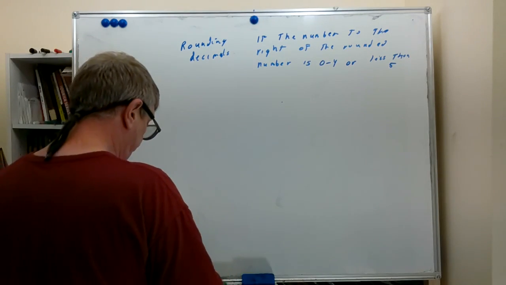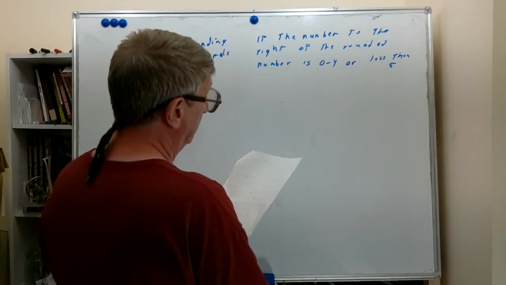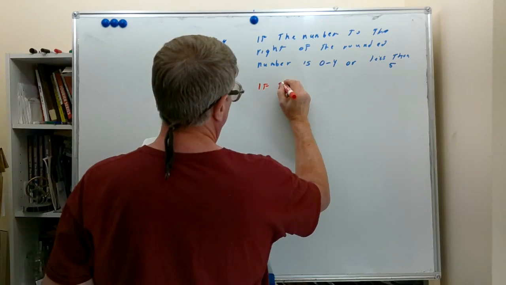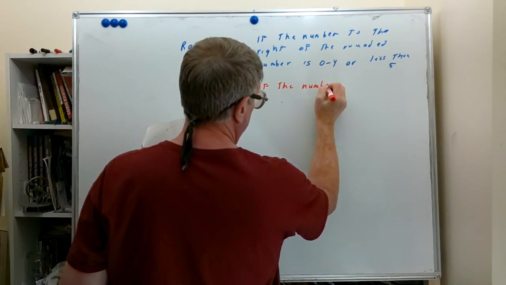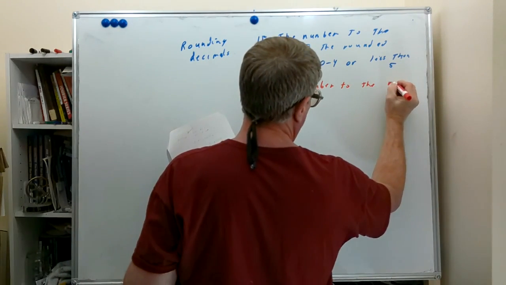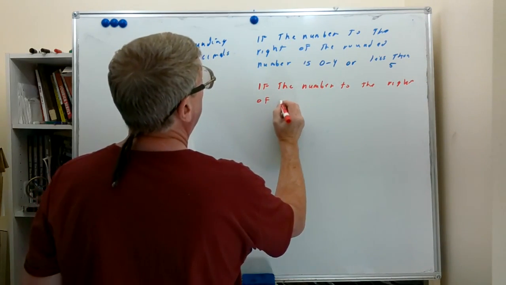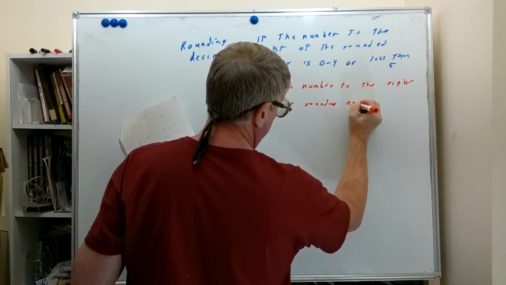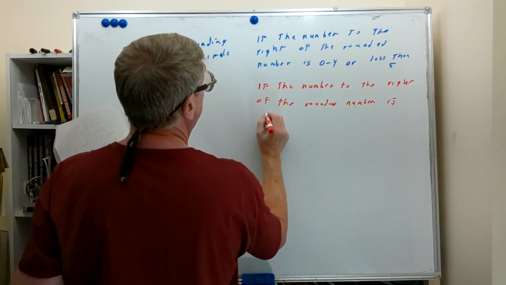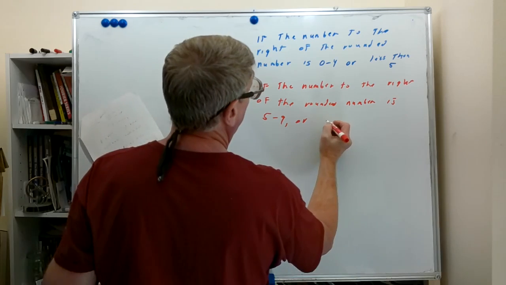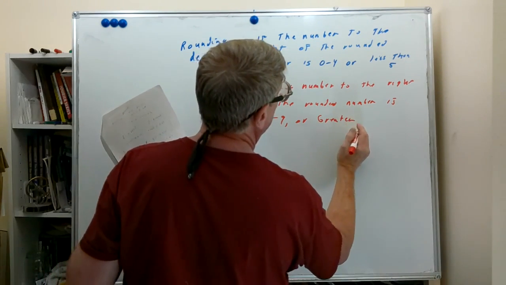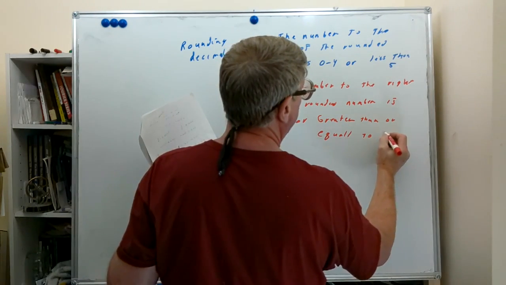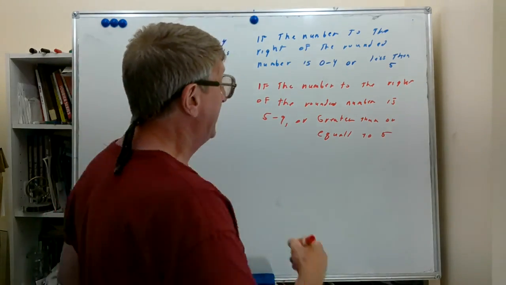And we're going to put another rule up there. If the number to the right of the rounded number is 5 through 9, or we could say greater than or equal to 5, we increase the rounded number by 1.